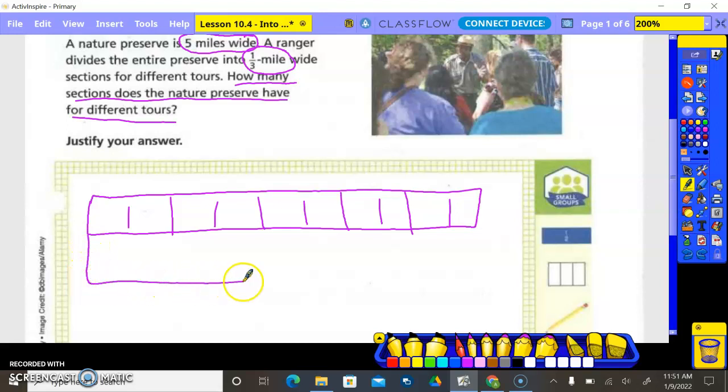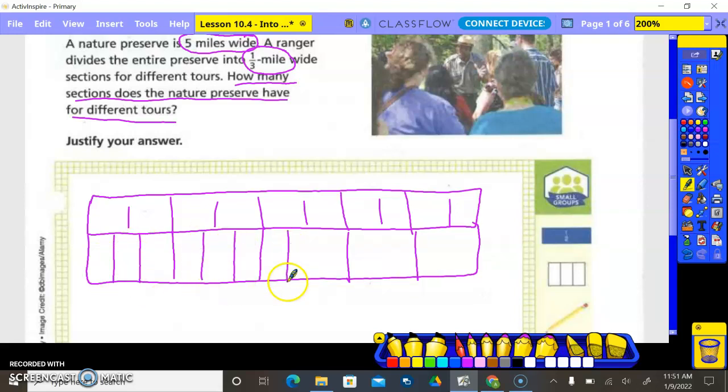So we'd have another box down here, and we'd have our 5 sections. And then we're going to break those sections into thirds. So each of the sections will be in third pieces, so 1/3 in each of those.